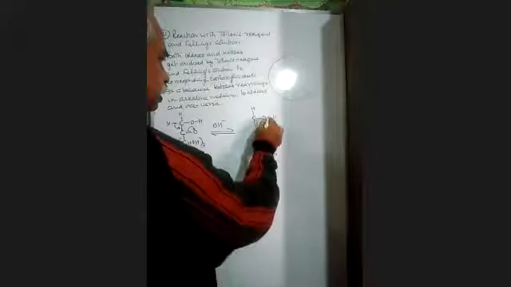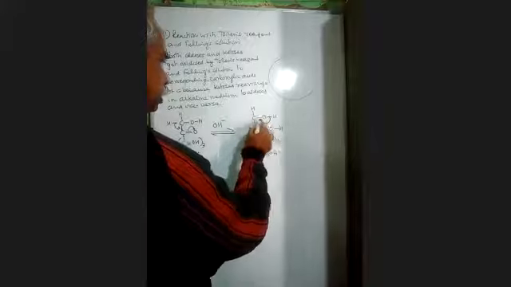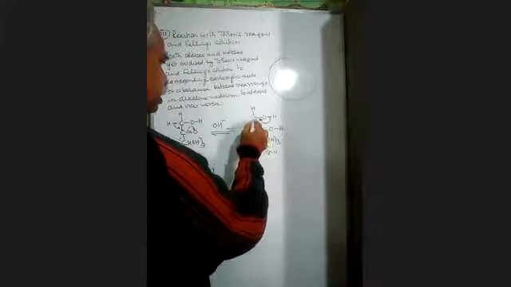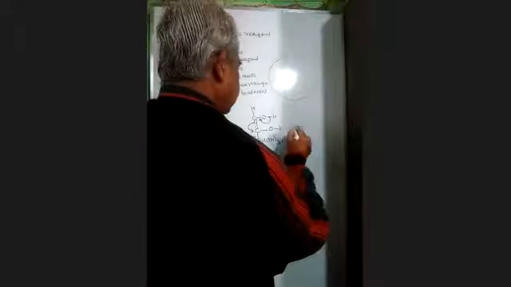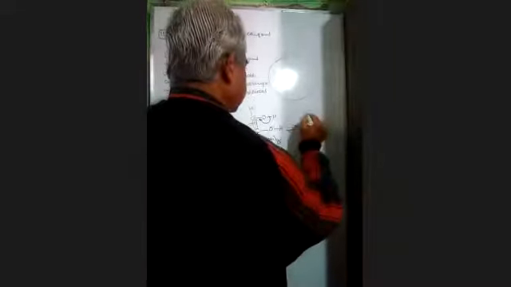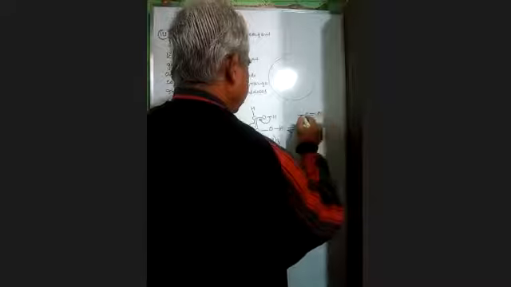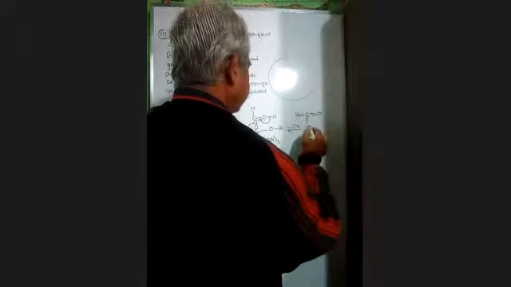It undergoes tautomerism. Then see what happens. This hydrogen from oxygen migrates here. How it will come? See, the electron has come, H plus will come here. So what you will get now here? Very interesting. You get aldehyde.